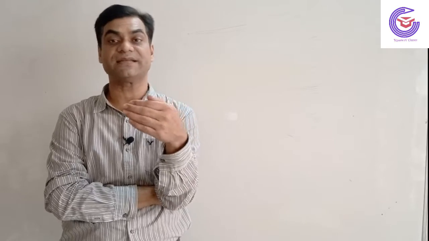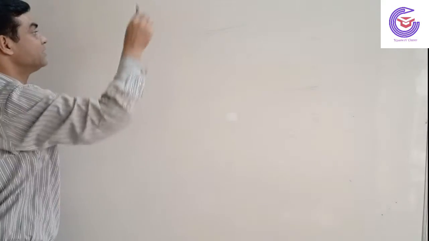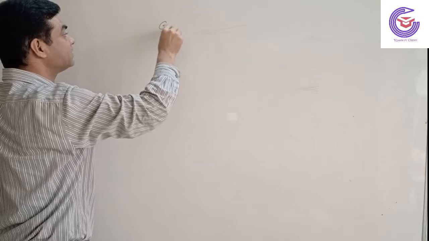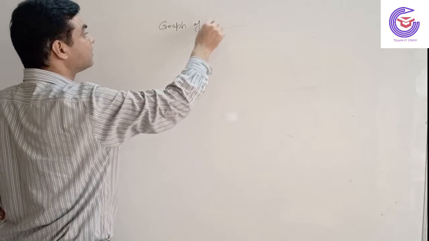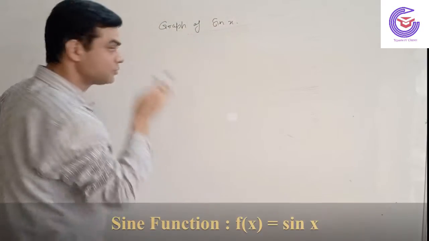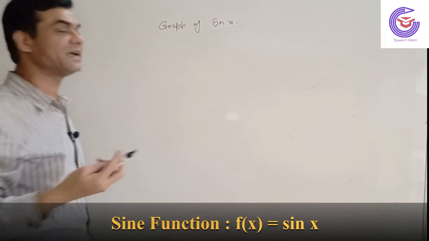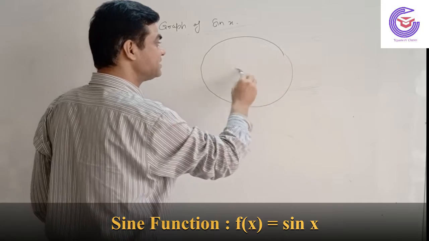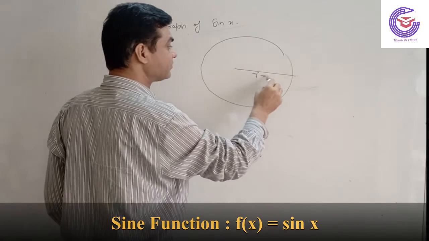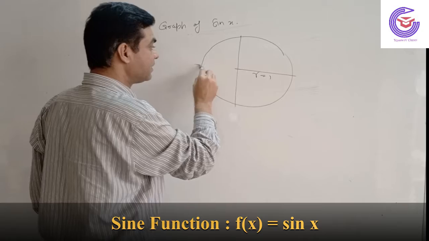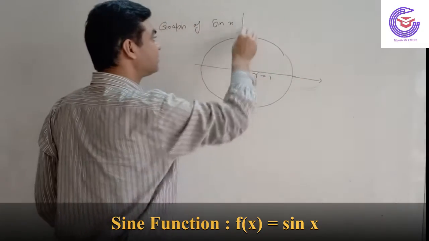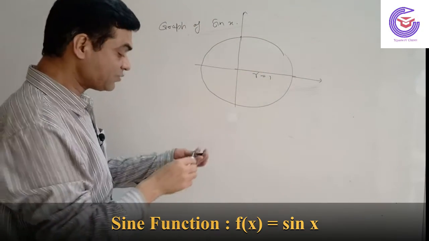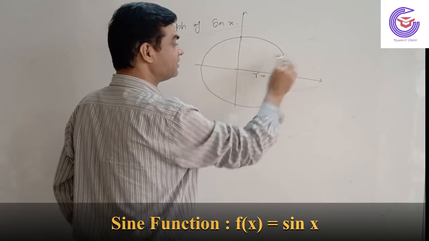In trigonometric functions, the first function is the sine function. So how can we plot the graph of sine x? To plot the graph of sine x, just assume that there is a circle whose radius is unity, and assume one line, this radius, which is rotating on this circle.